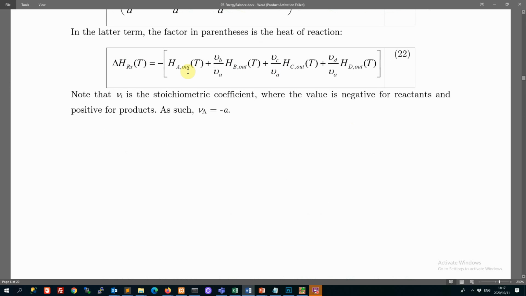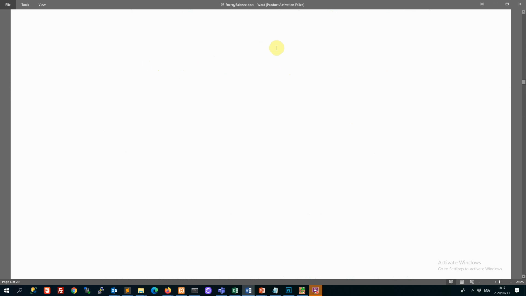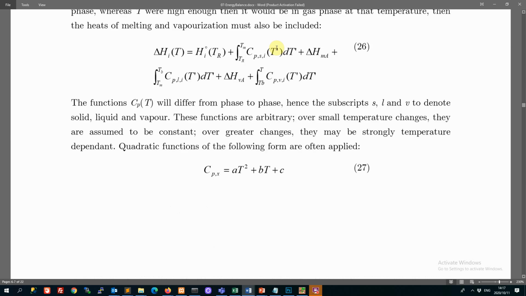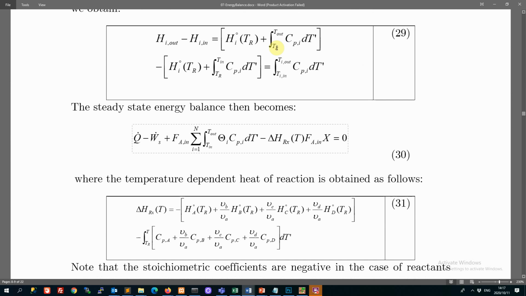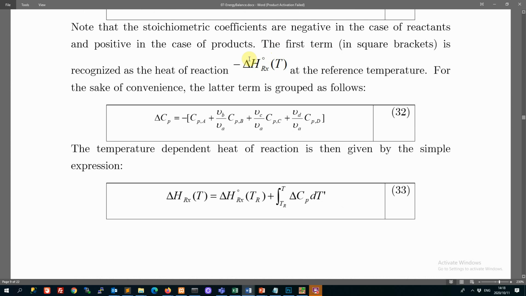So our heat of reaction looks like this, and of course these are all enthalpies in here. Again, the heat of reaction has a temperature dependence, so we have to respect this temperature dependence if it's significant. If we can work out the enthalpy at some reference temperature, then we can break this down.